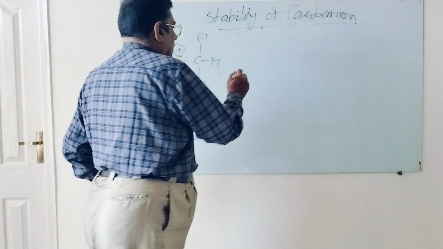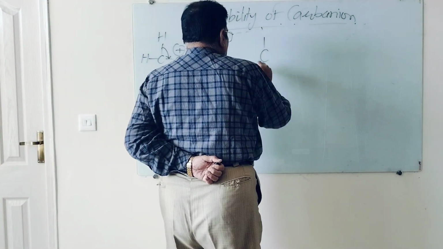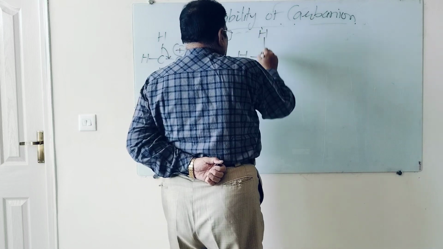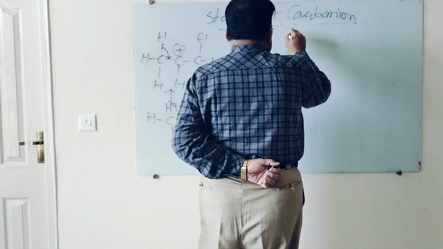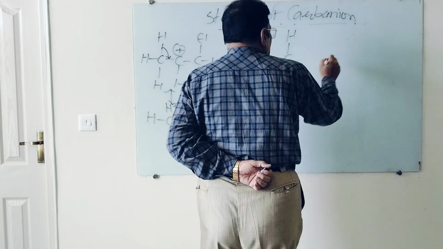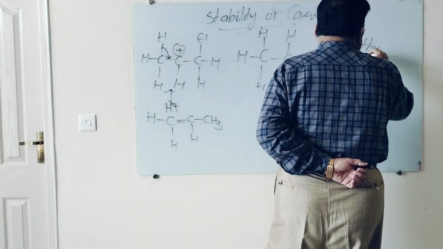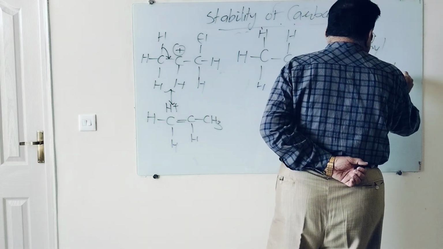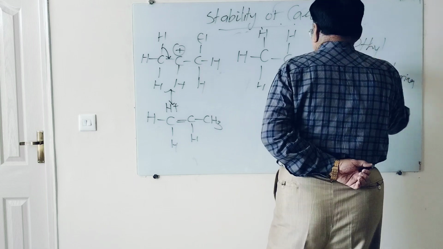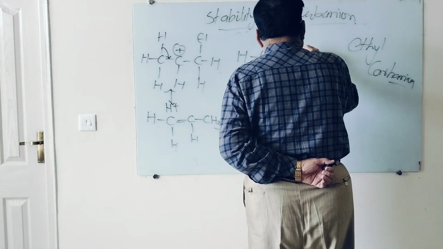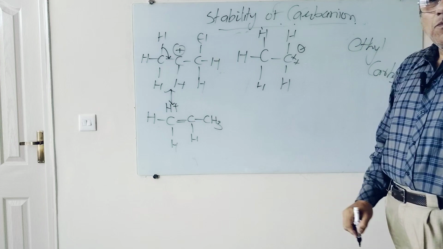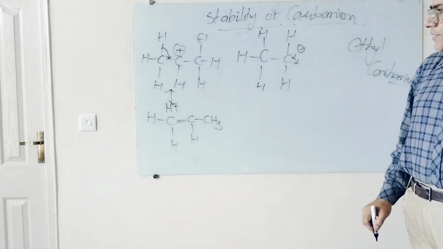What happens in carbanion? Please look at it very carefully, very interesting, my dear friend. I am taking the simple example of ethyl carbanion, CH2. This is the lone pair, obviously carbon has a negative charge. Why can I not explain?